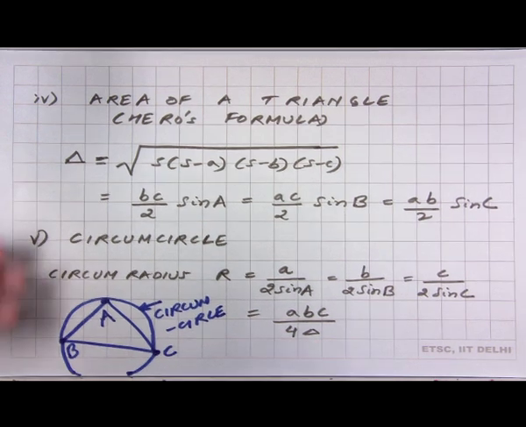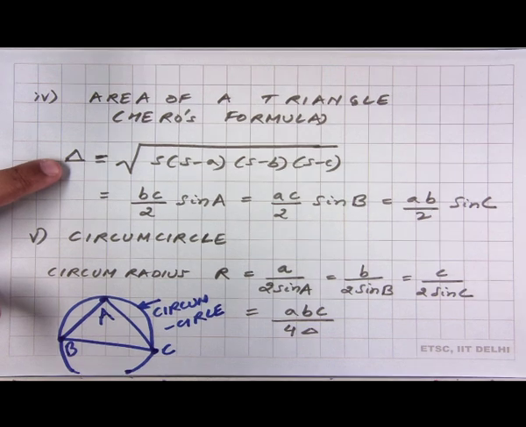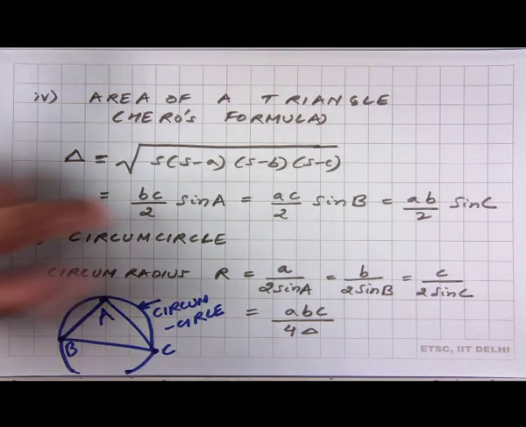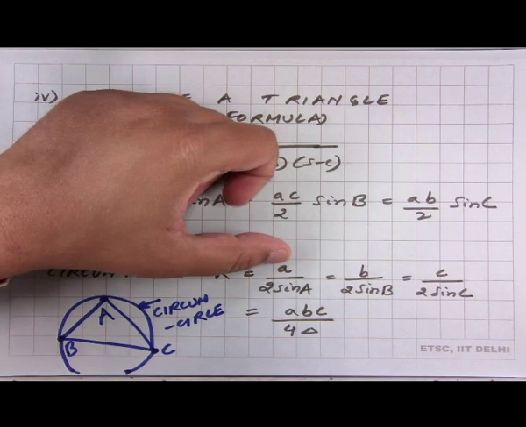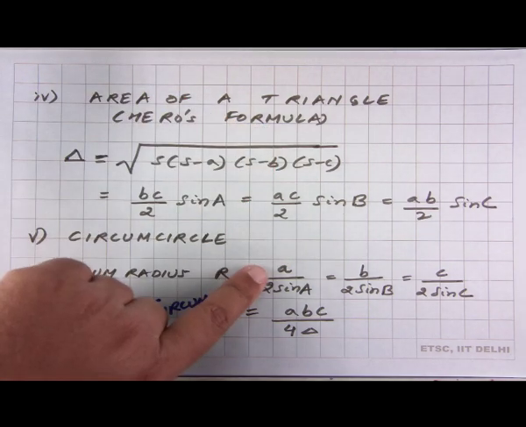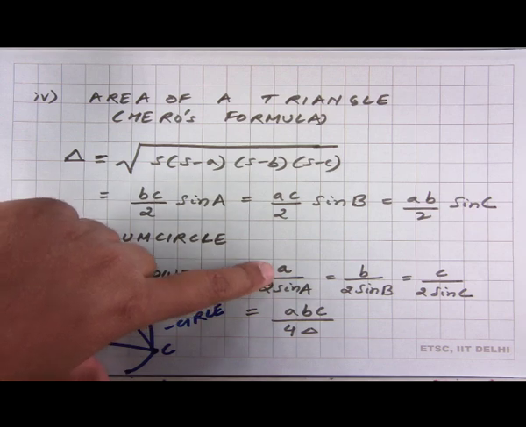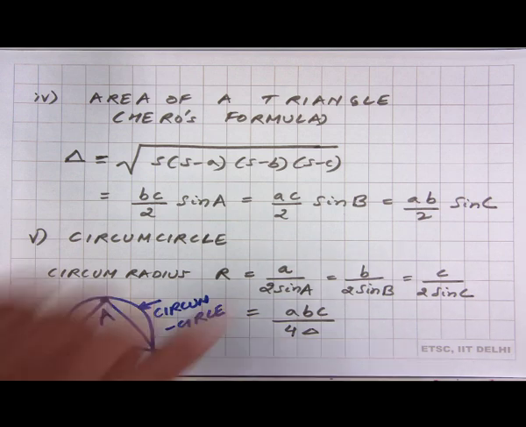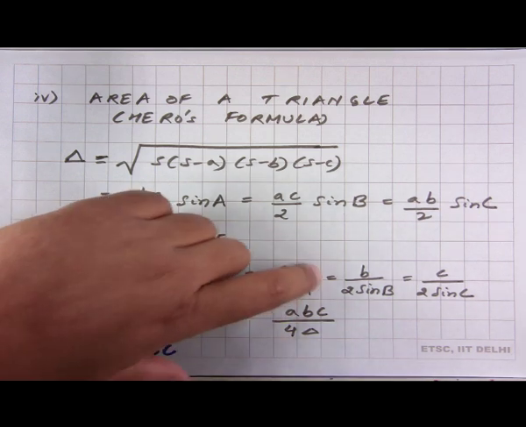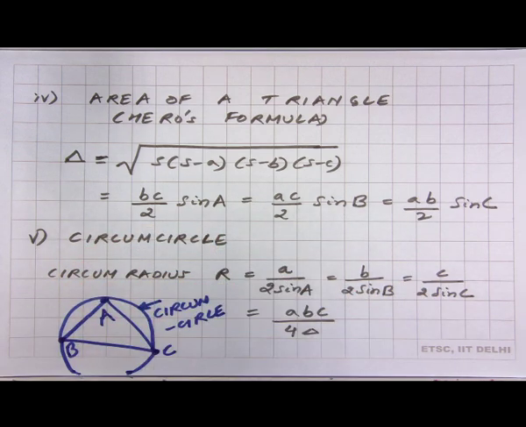Area, as you recollect, we have been denoting by this Greek symbol delta. We had also shown that the circumradius R is equal to any side divided by 2 times sine of the corresponding angle. So, it is equal to A divided by 2 sin A, which is equal to B upon 2 sin B, which is equal to C upon 2 sin C.